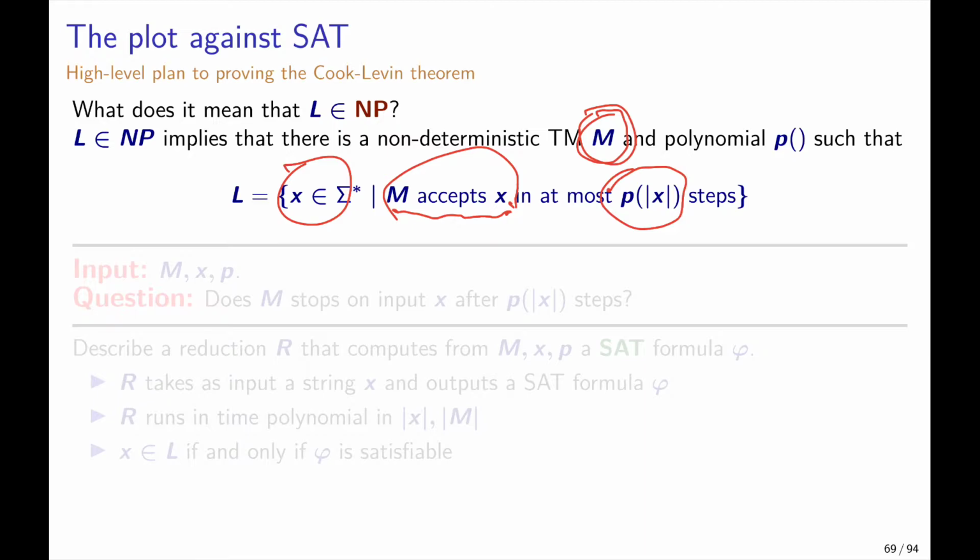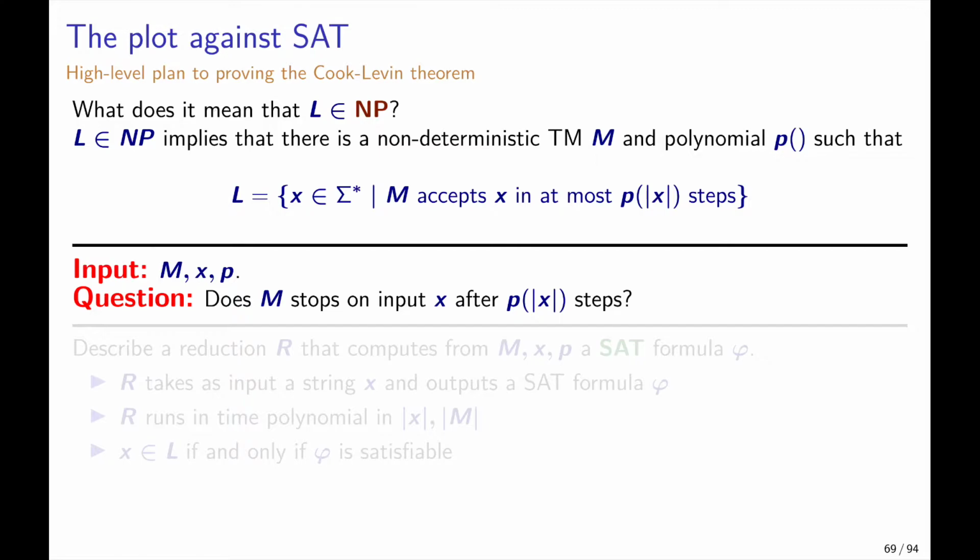We know that we have to run this Turing machine on an input of n bits for that long before it stops. By the way, it's not strictly necessary for the proof, but you can assume that the input alphabet is essentially binary, the tape is binary, except maybe for a special character for the end of the tape.